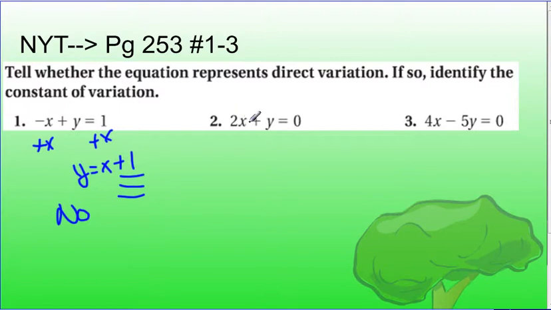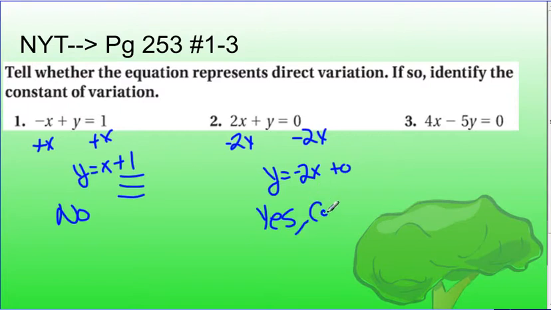Number 2, let's see, we're going to subtract 2x. Y equals negative 2x. This is direct variation because we can add this plus 0 to make our intercept. So it is direct variation, and the constant is the slope of negative 2.